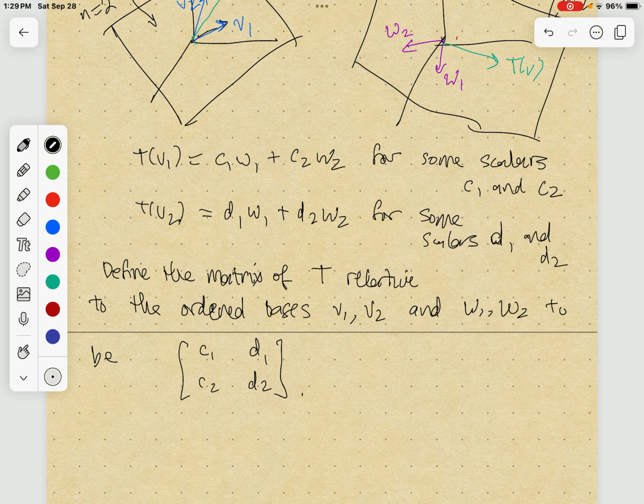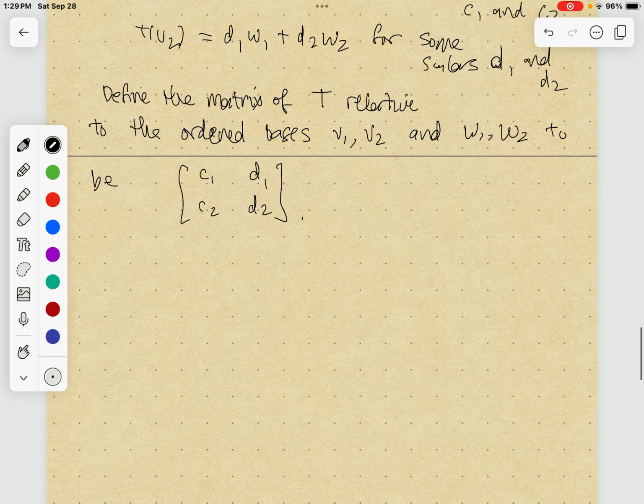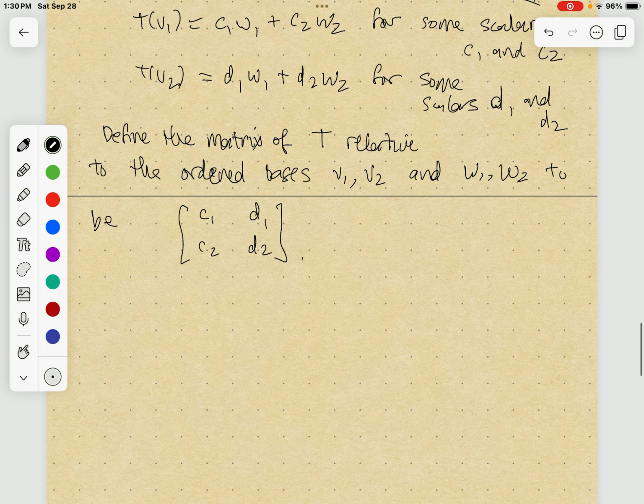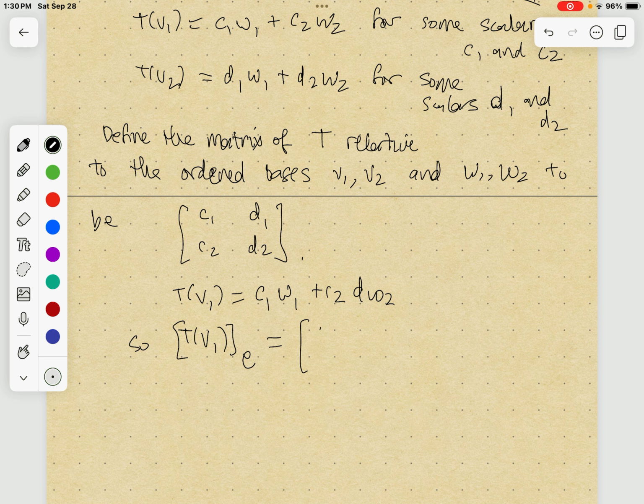Now what's going on is, this first column is the coordinate vector of T of V1. T of V1 is C1 W1 plus C2 W2, and what that means is that the coordinate vector of T of V1 relative to the basis C is C1, C2.